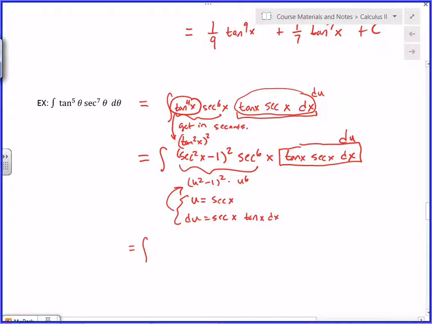So my integral now is u squared minus 1 squared times u to the 6th du.